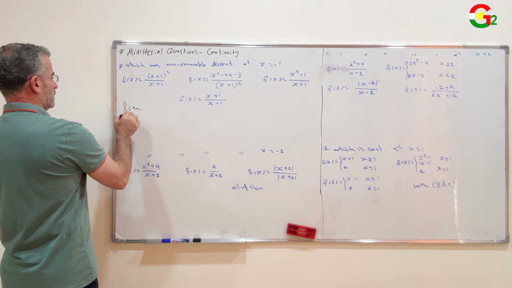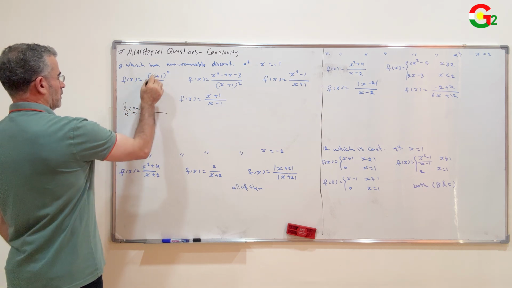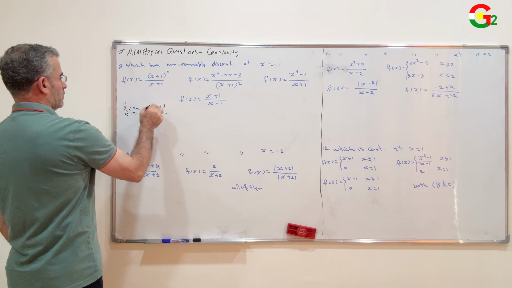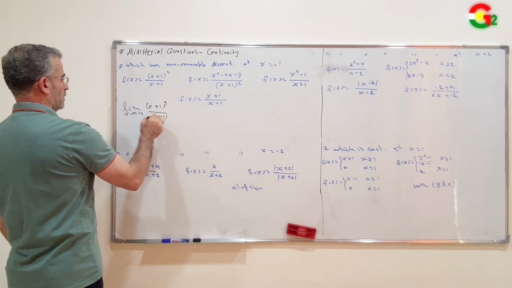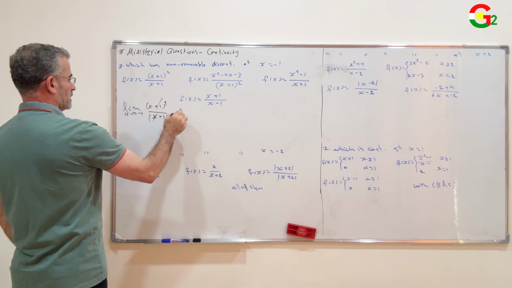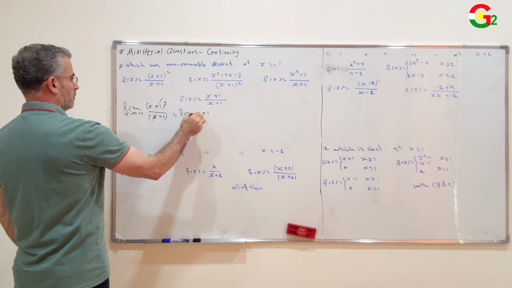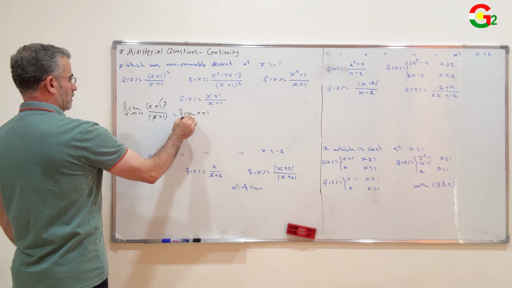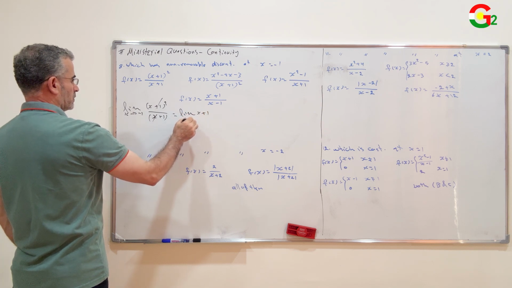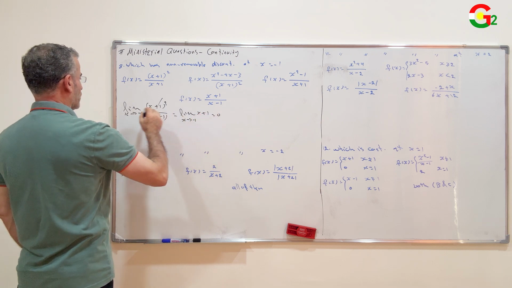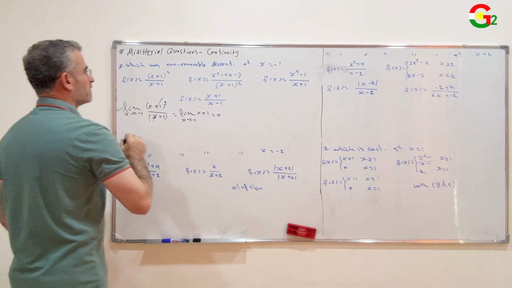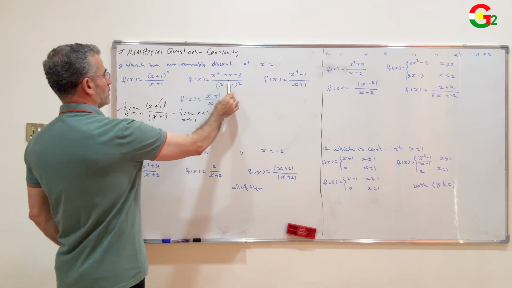Limit as x approaches negative 1 of x plus 1 squared over x plus 1. Reduce x plus 1 with x plus 1, then it will be x plus 1, which when x approaches negative 1 equals 0. The limit exists. This function has removable discontinuity.